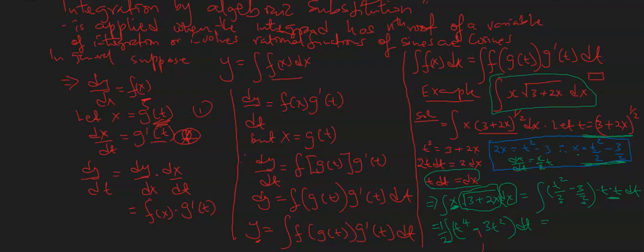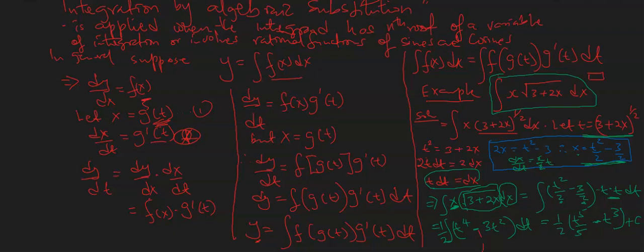And when you integrate, you will get a half times t raised to power 5 over 5 minus t cubed, of course, over 3, the 3 and 3 will cancel, plus the constant of integration, plus c.